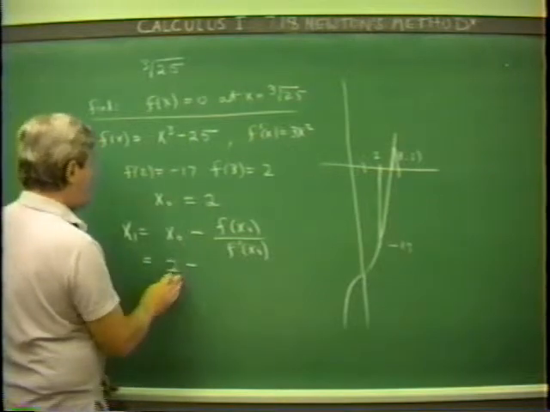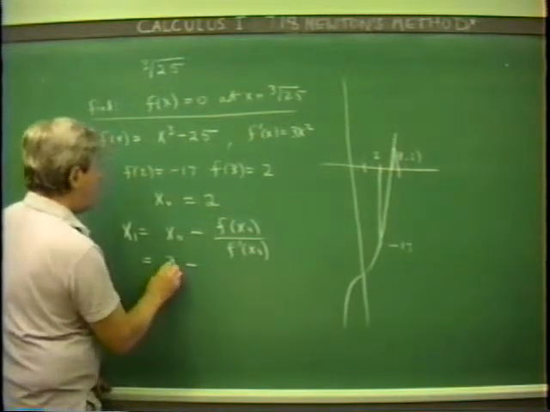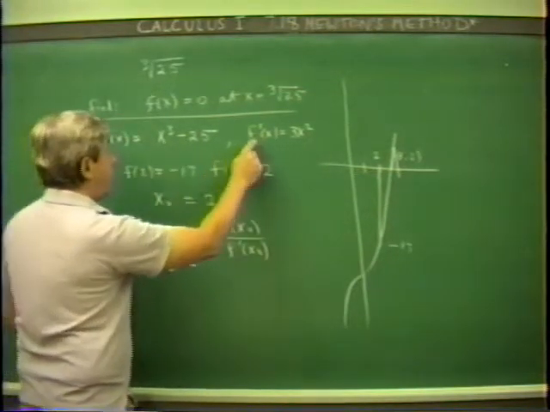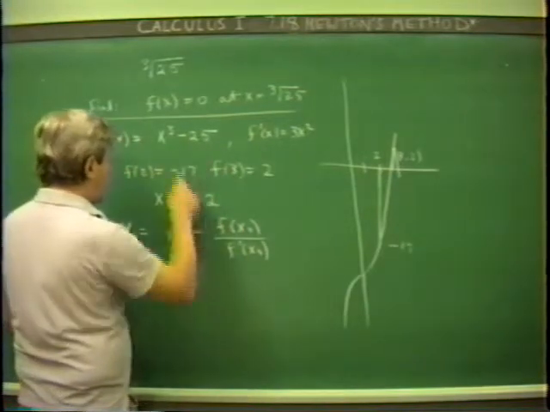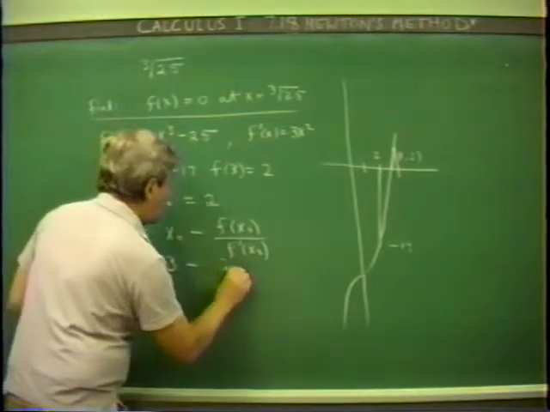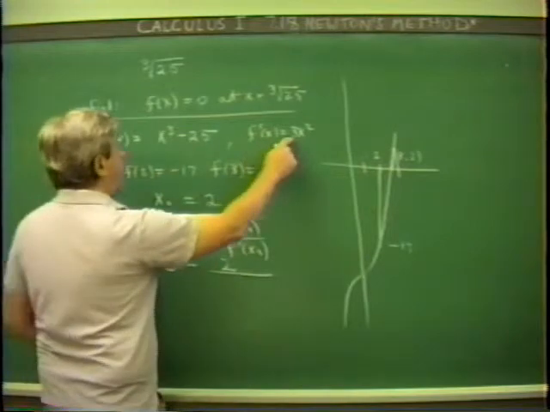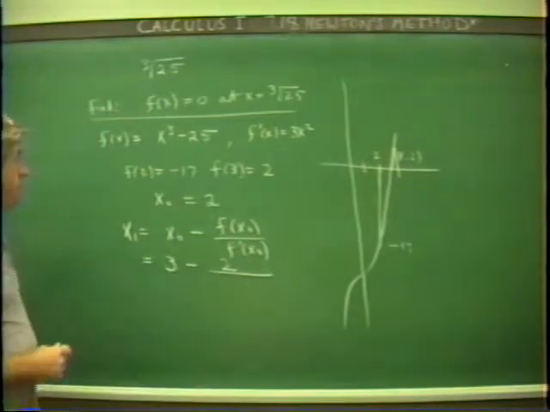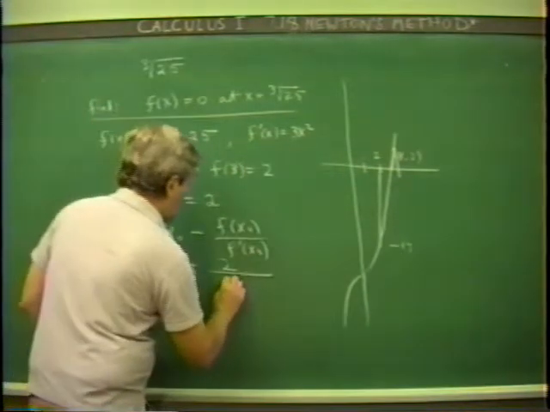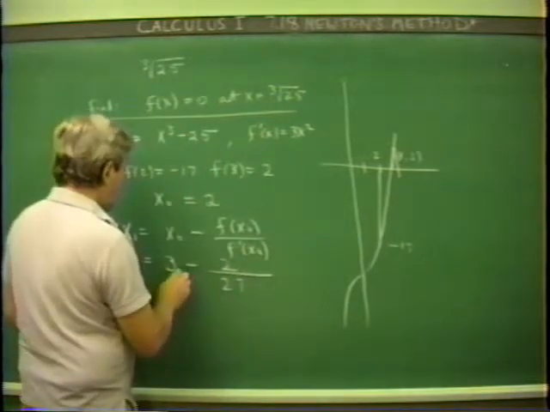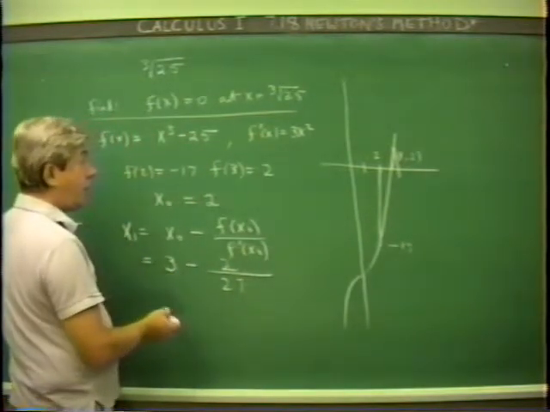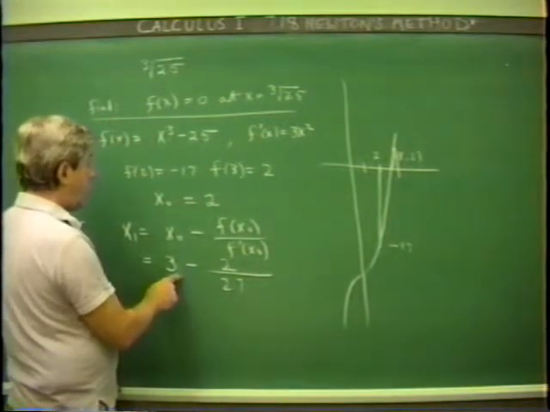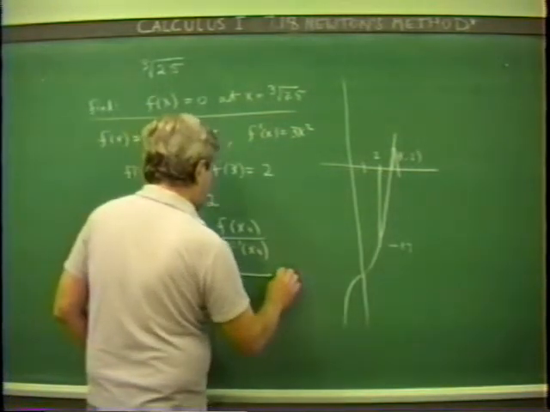We take this at x0, which is 3, 27 minus 25 is 2, and divide by the derivative at 3, which is 27.